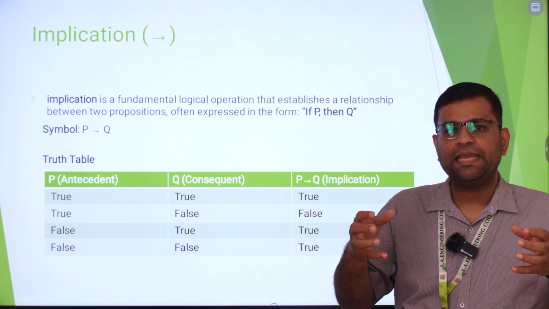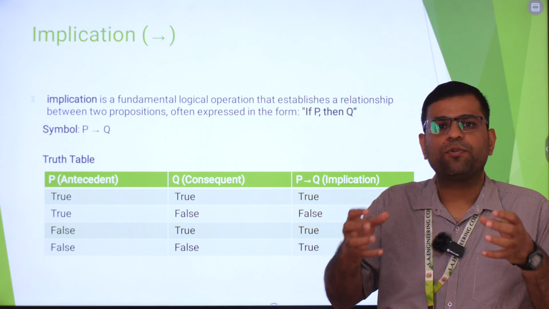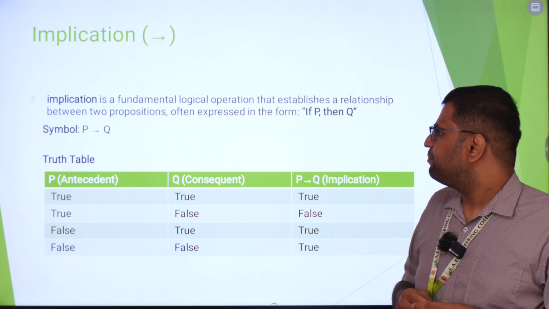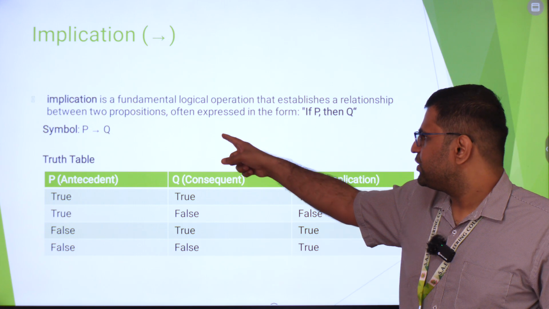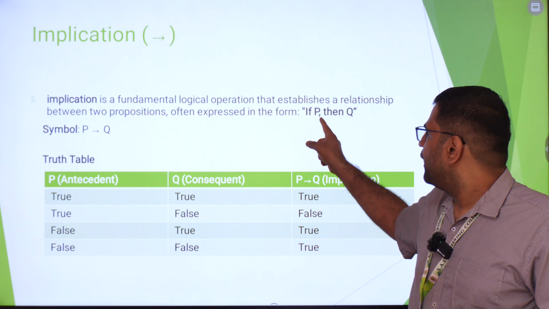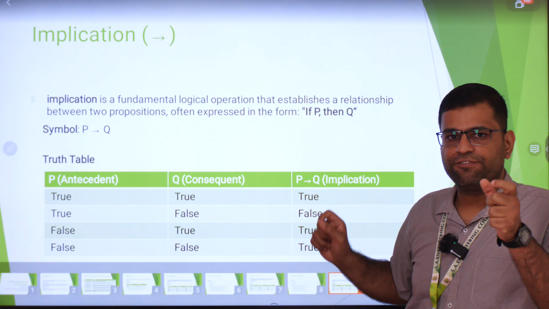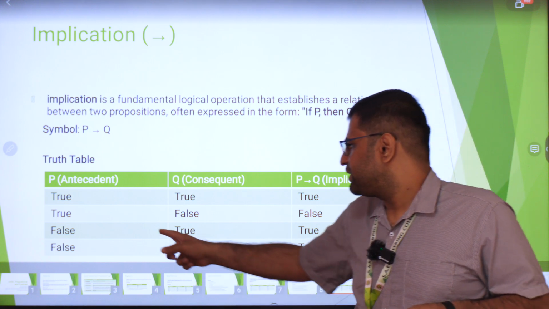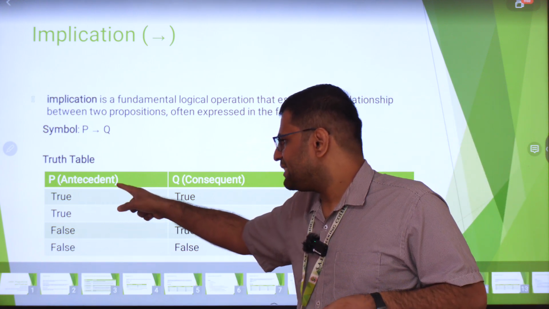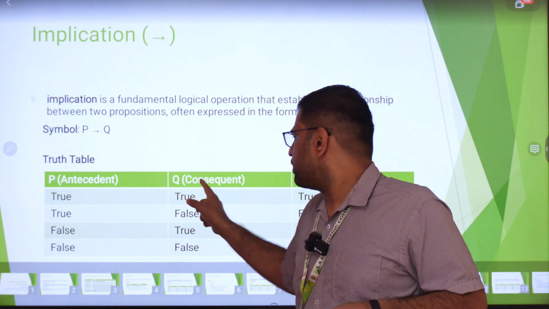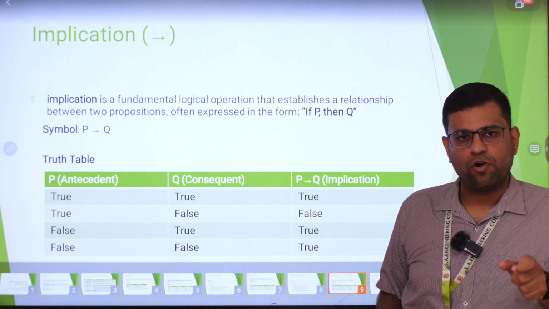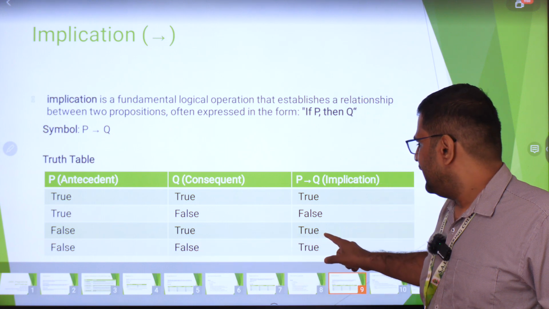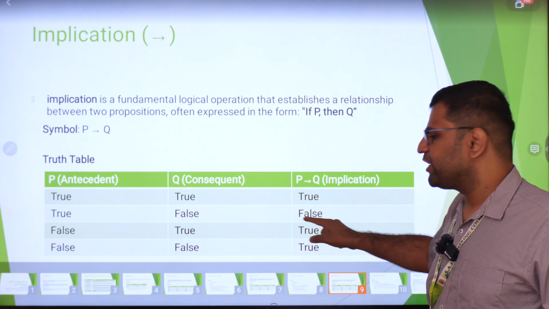Implication connects the propositions and forms a relationship between them. It is expressed in the form if P, the first proposition, is true, then only it validates the second proposition. The first proposition is called the antecedent, and the second proposition is called the consequent. If the first proposition is false, the second proposition, whether true or false, doesn't matter, and the entire expression becomes true.